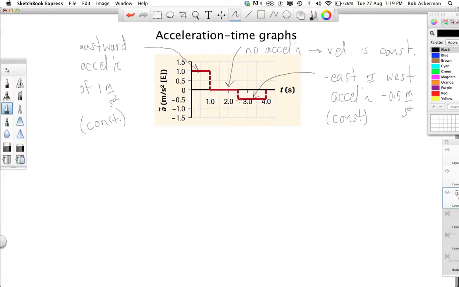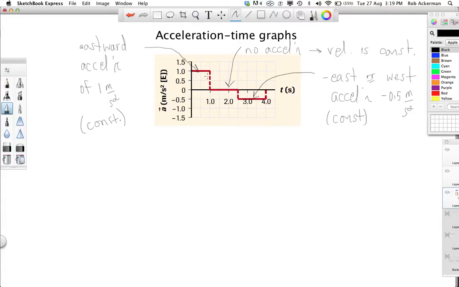And now your acceleration goes in the opposite direction. This could mean that you're slowing down for a little while, but at a steady rate. So not that kind of jerky motion you get with some drivers who are a little nervous, but a steady acceleration. Okay? So now we've talked about reading the graph and looking at what the shapes mean.